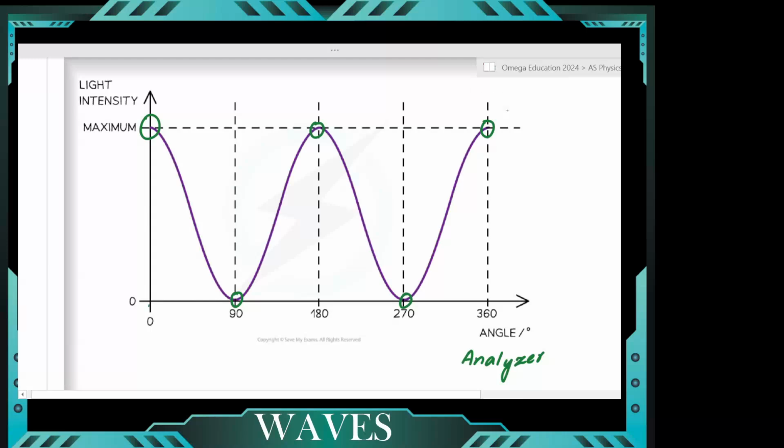The intensity would be maximum once again. So at 0 and the integral multiples of pi, that is 0, pi, 2 pi, 3 pi, the intensity would be maximum, for vertically polarized light after it passes through the analyzer.